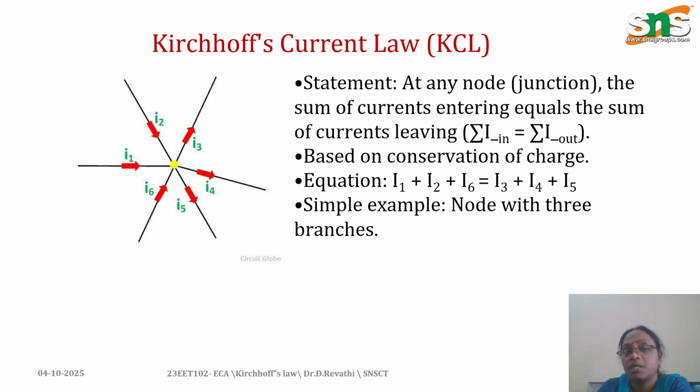So I1 plus I2 plus I6 is equal to I3 plus I4 plus I5. Or, the other way, I1 plus I2 minus I3 minus I4 minus I5 plus I6 is equal to 0. Both are equal, the minus terms cross over the equal sign and become positive. We can write it in both equations. Simply, it is the sum of I in minus the sum of I out.